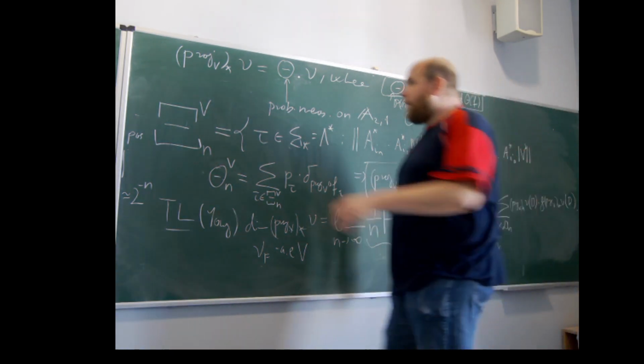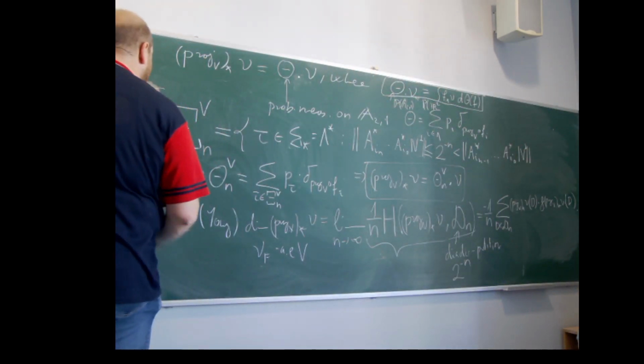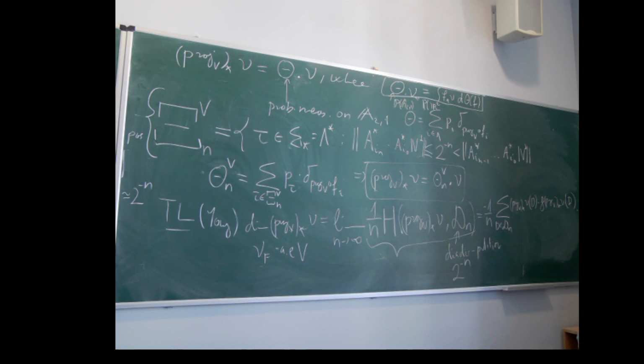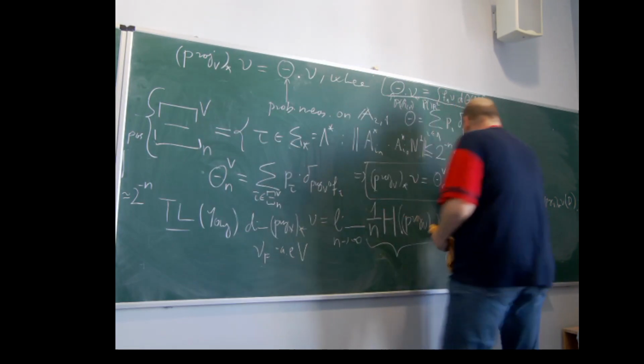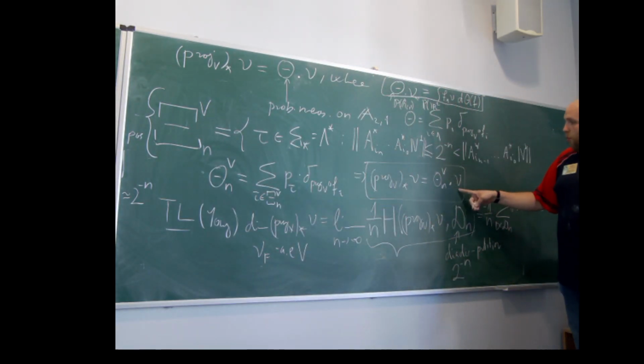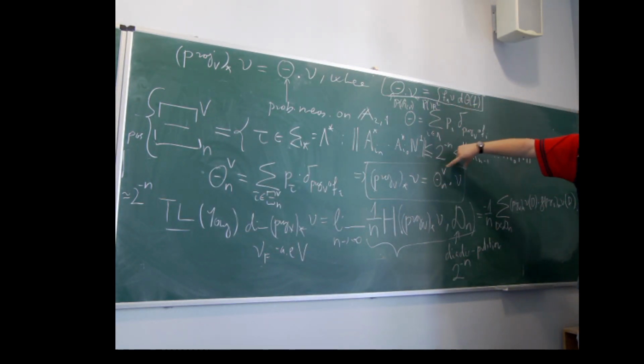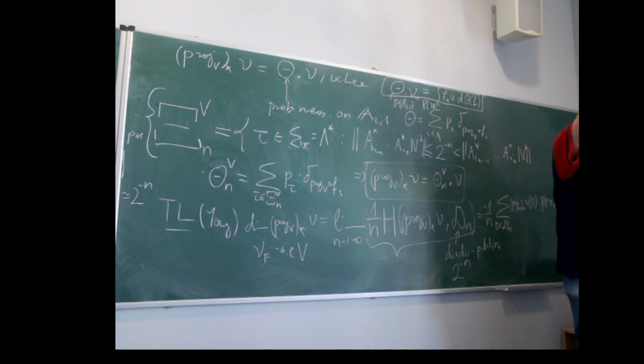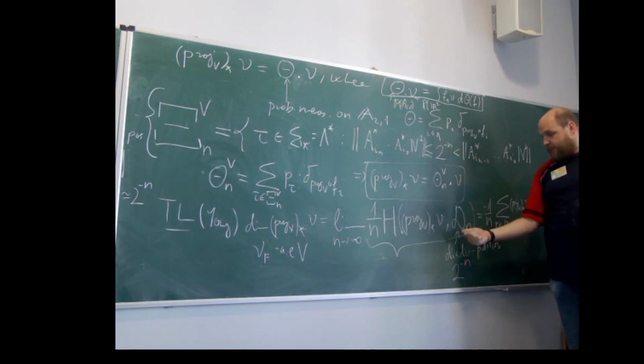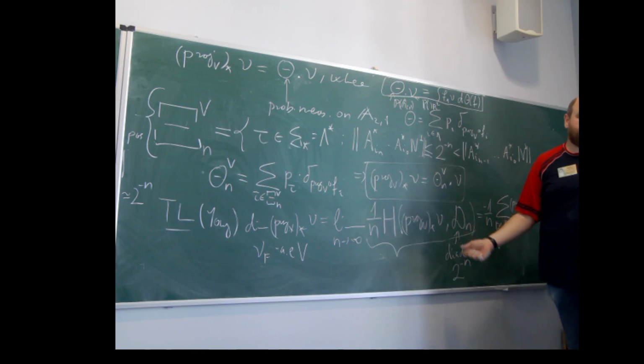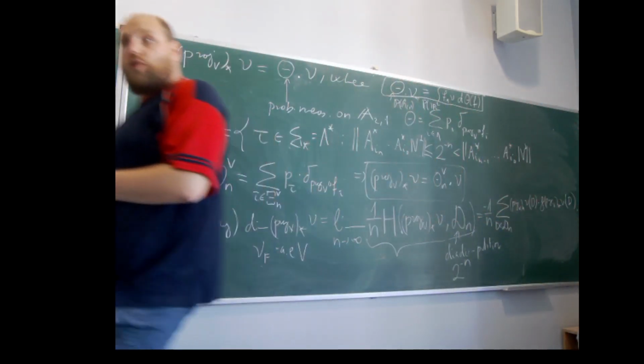And here comes to the picture why this guy plays an extraordinary role, because all the components inside of this measure have diameter and support at most 2 to the minus n. Basically they fit into at most 2 partition elements. So we have a very good control on that.